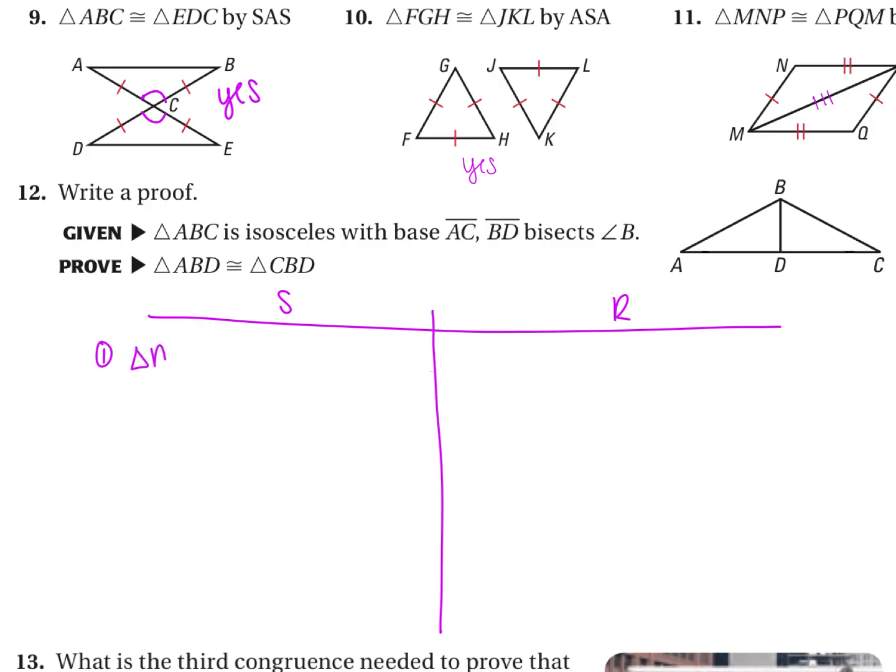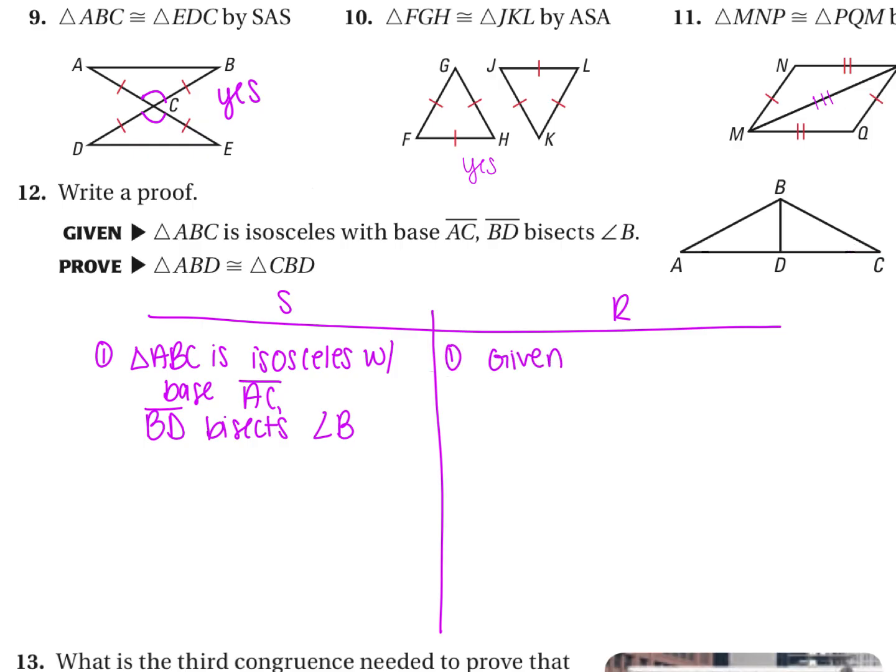So triangle ABC is isosceles with base AC and BD bisects angle B. So there's two things.